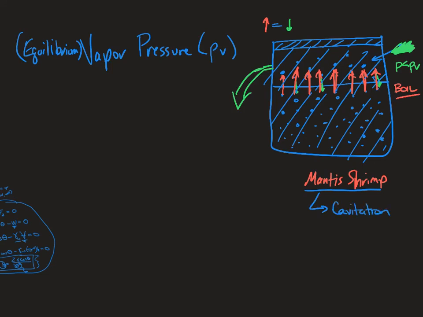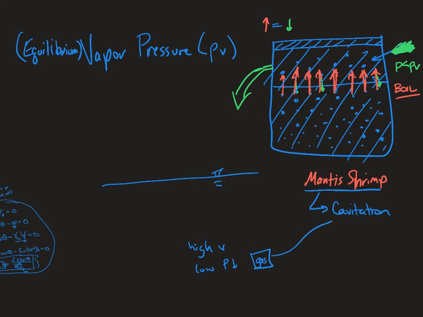So this is really where this is going to matter for us: when you get really low pressures within a fluid, sometimes you have a fluid up here, and then for some reason there's a region of really high velocity. If you get high velocity, the pressure gets really, really low. And if the pressures inside the fluid drop low enough, then this fluid, which was liquid, becomes a gas.